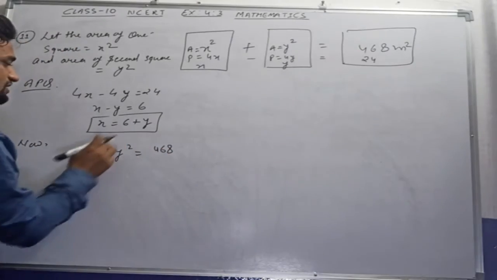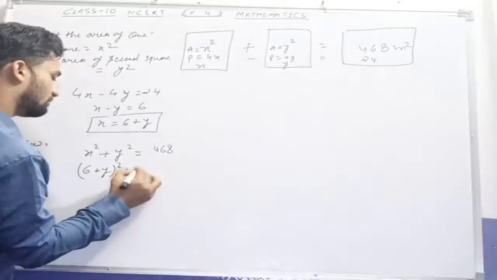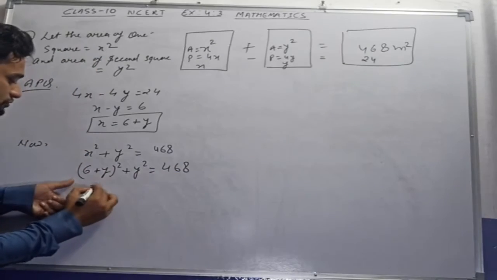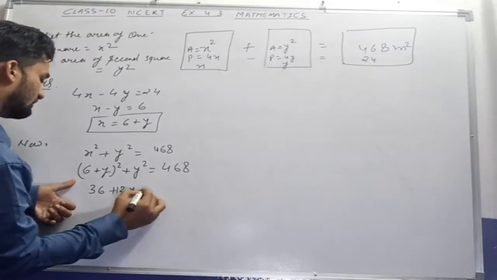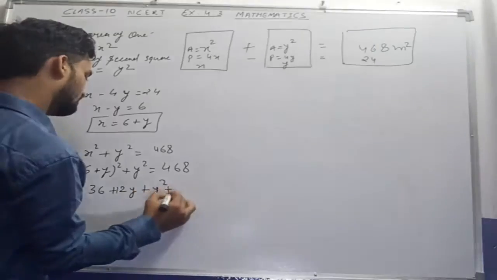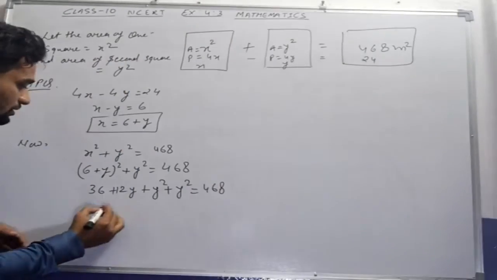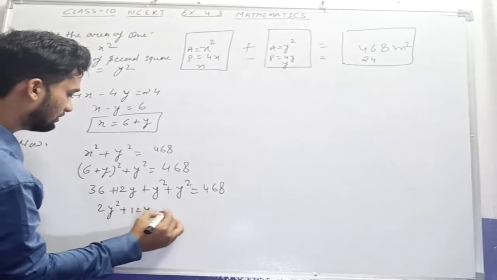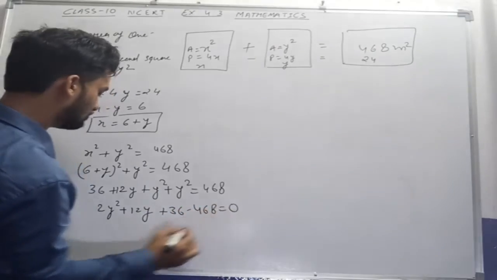So in place of x we can write 6 plus y, whole square, plus y square is equal to 468. So a plus b whole square is a square plus 2ab plus b square, plus y square minus 468. So this will be 2y square plus 12y plus 36 minus 468 is equal to 0.